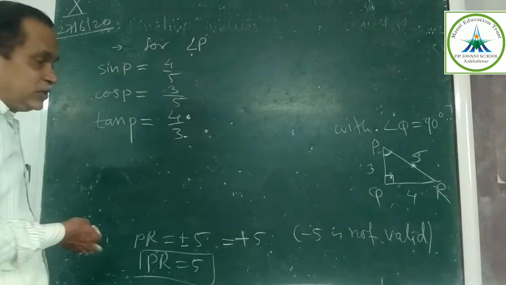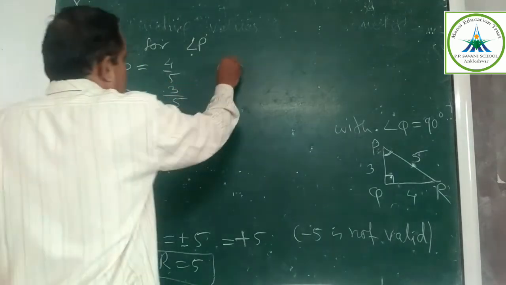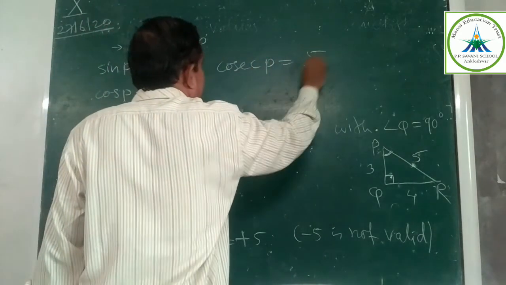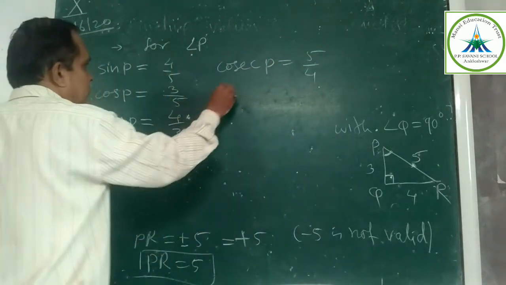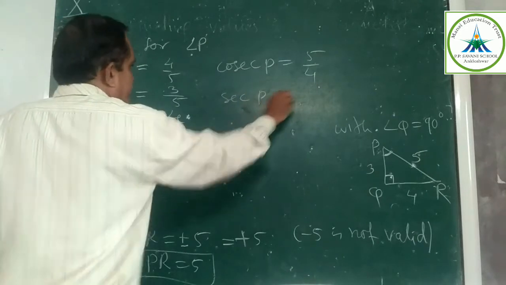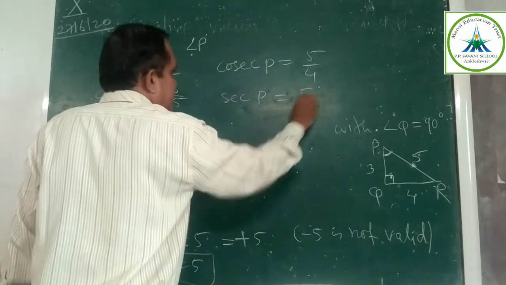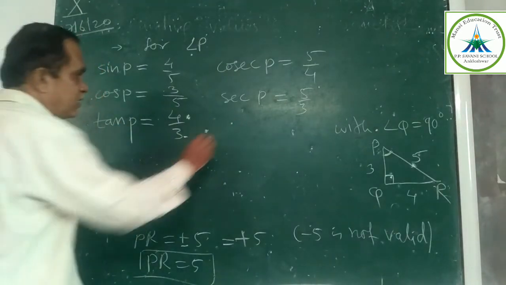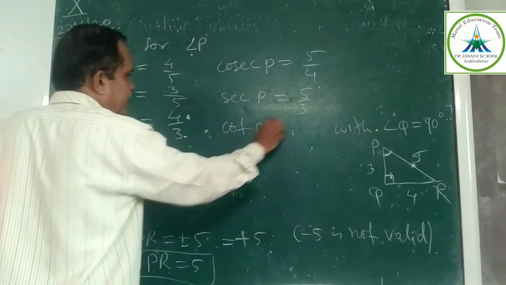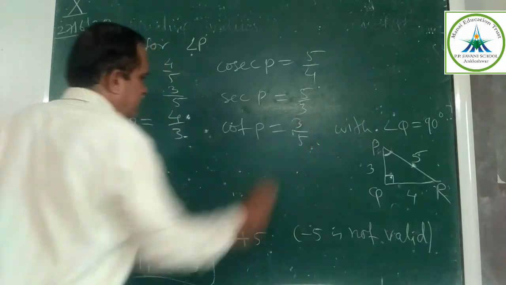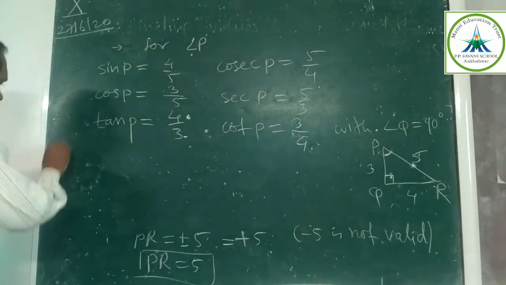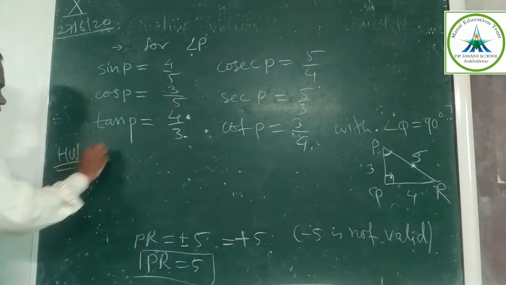Okay. After writing this, you write cosec P, sec P, tan. What is the reciprocal of tan? Cot P. Yes, student. Now, homework for you.